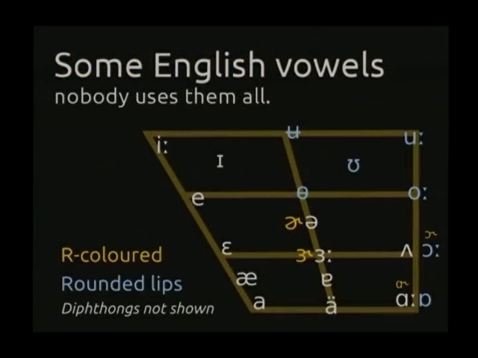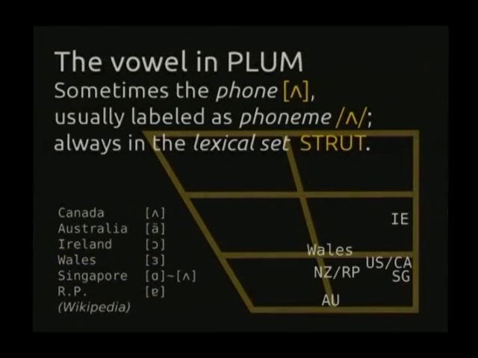It's not all of them, and there's a couple more dimensions than this vowel chart. Americans use R-coloured vowels, which we don't, and some vowels are pronounced with rounded lips. Anyway, so the vowel in plum. Different people use different parts of their mouth to make the same vowel, right? So I think that might be clear enough.